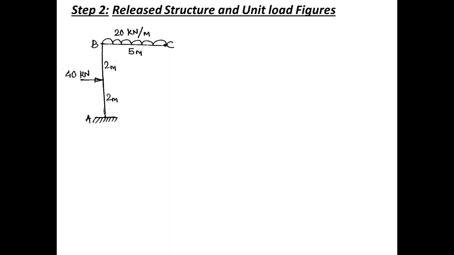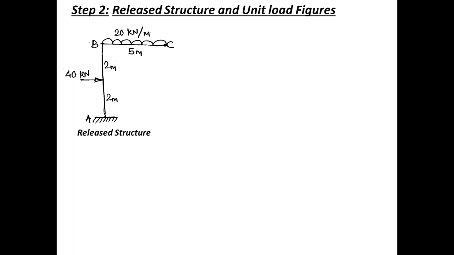So to make it a statically determinate frame, we have removed the support C from the portal frame. And since we have removed the support C, our unknowns are horizontal reaction at C and vertical reaction at C. That's why we have selected RCH and RCV as our unknowns. So this is the released structure.